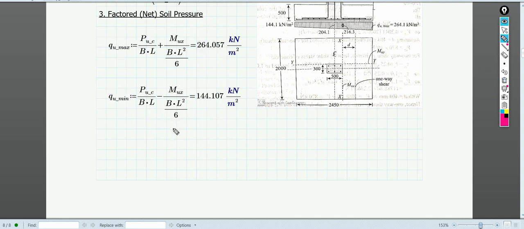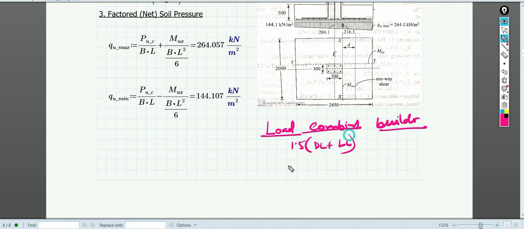Also, I should mention here the load combinations that you use for building design: 1.5 dead load plus live load, then 1.2 dead load plus live load plus earthquake load, or 1.5 dead load plus earthquake load.